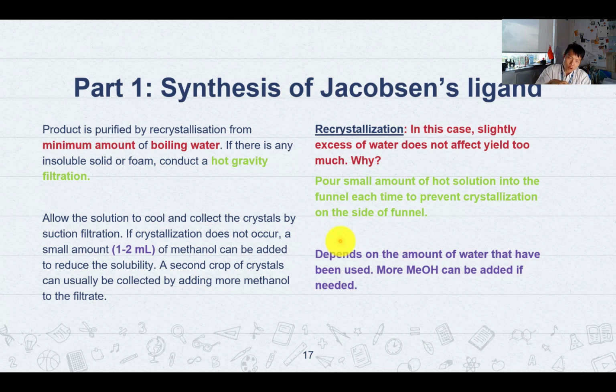Do suction filtration, scrape it. Don't scrub too hard because you might take out the lint from the filter paper. If you do not see any crystallization occur, add a bit of your methanol dropwise to reduce the solubility. Then you see a sudden gush of crystals by adding more to the filtrate.